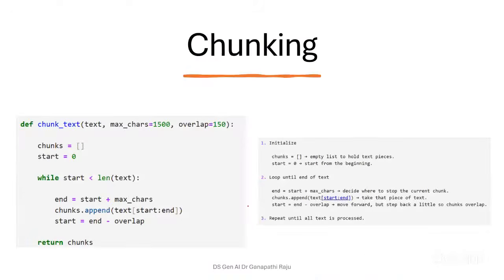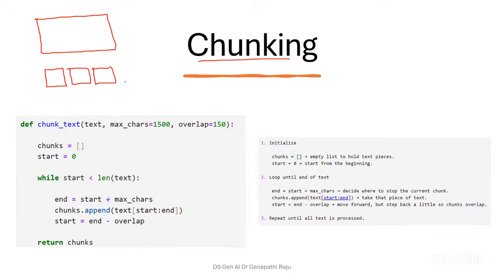Here the most important point is chunking. How will chunking be done? There is a large document, and it will be divided into small documents like this. While dividing the data into small documents, you should take care of semantics. We should not lose semantic meaning.